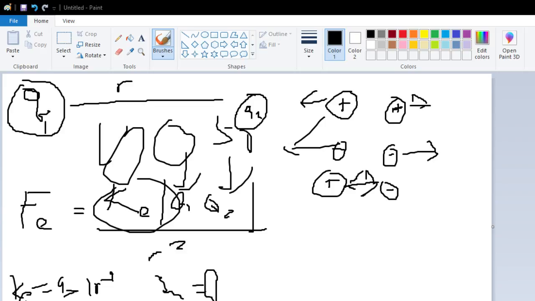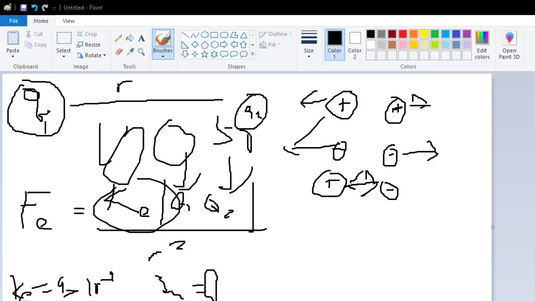Basically, we have to know how to use this equation to determine how big the attractive force is or how big the repulsive force is. And that's about it. So basically, electrostatic force is proportional to the charge of one thing and the charge of the other thing over the distance squared.